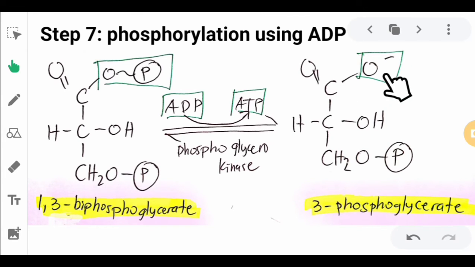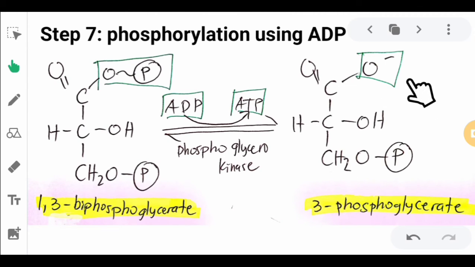So the oxygen that is negative here, you will have that one. You now only have 3-phosphoglycerate, because the phosphate on the first carbon has been removed. You only have a phosphate on the third carbon. So you produce 2 pieces of 3-phosphoglycerate, because you have 2 pieces of 1,3-bisphosphoglycerate.